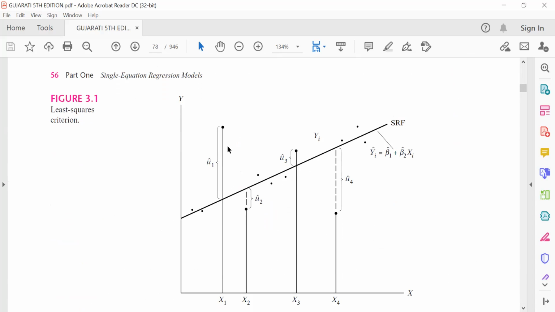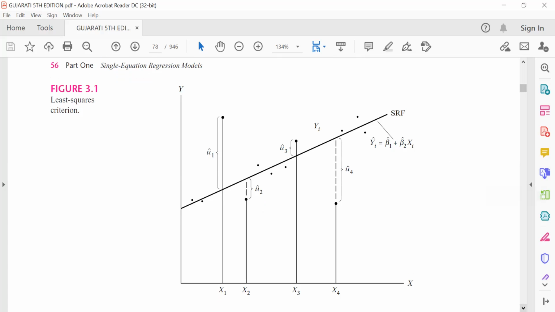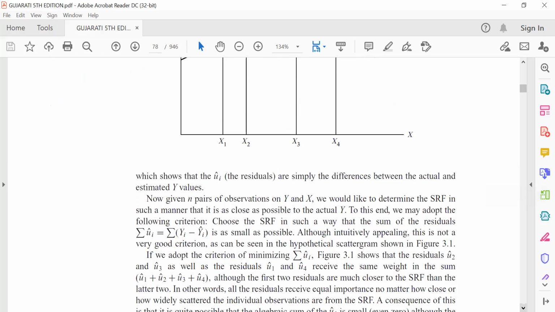At this point x1, the actual value of y is here. On the sample regression function is the predicted value. The difference between the actual value and the predicted value is the residual for the first sample. This one is the residual for the second sample and so on. These residuals are simply the differences between the actual and the estimated values.